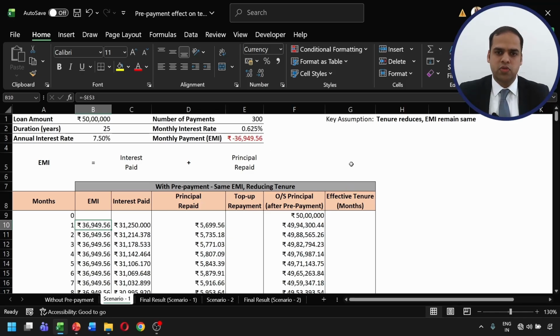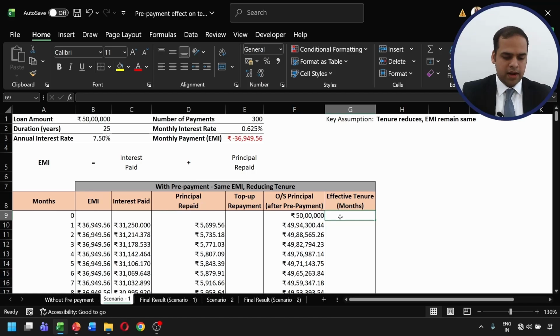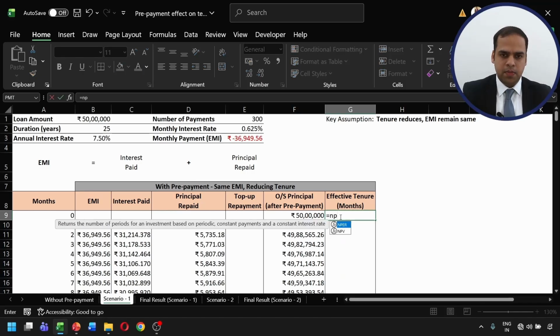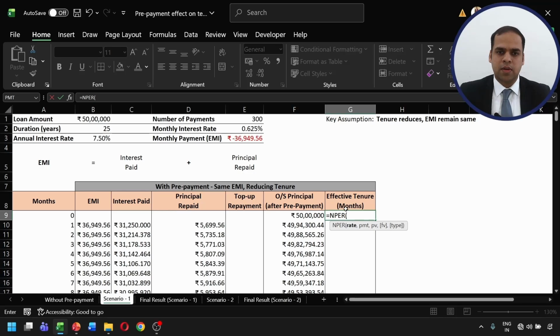So I have introduced a new column here, which is effective tenure in months. I'll write a formula which is NPER. Basically, NPER is the number of months we are going to pay the loan. At month 0, it is obvious that we are going to pay the loan for 300 months. So NPER asks for rate. Rate is our monthly interest rate. I freeze this rate.